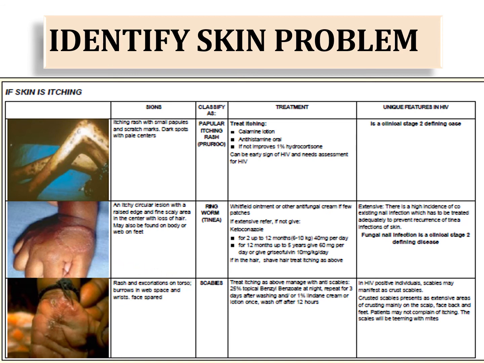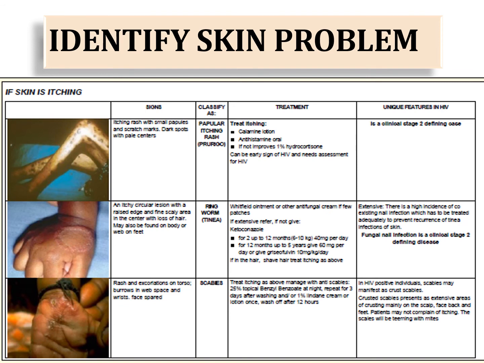This is classified as ringworm or tinea. What we can give is a Whitfield or antifungal ointment if there are few patches. However, if the patches are extensive, refer. If not, give oral ketoconazole.